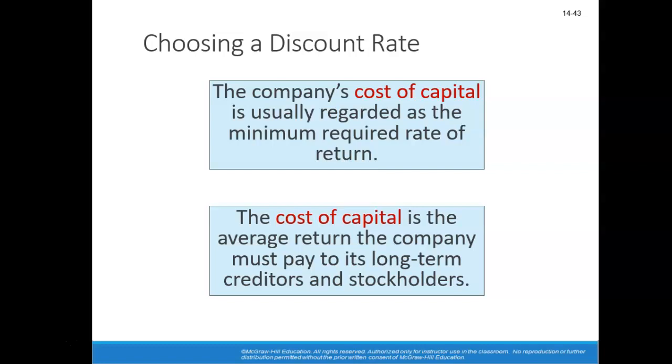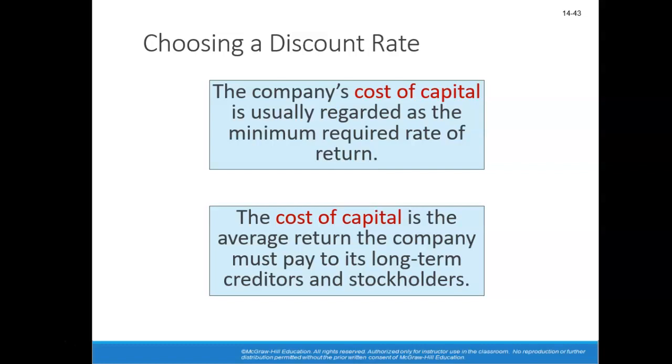So now we're saying, okay, to accept this project, our minimum discount rate must be at least 8%. We want to make sure that this project can cover the rate we're paying to our long-term creditors, the rate we're paying to our stockholders, and if we have to borrow money, I want to make sure that I'm at least covering the rate it costs me to borrow money.